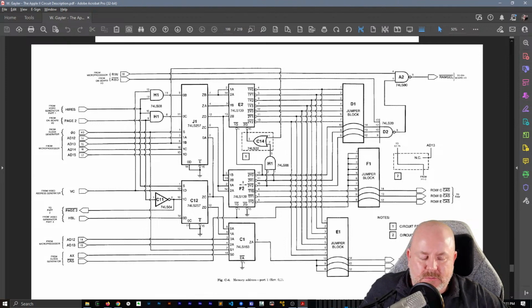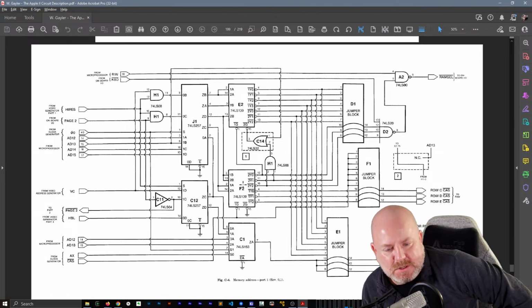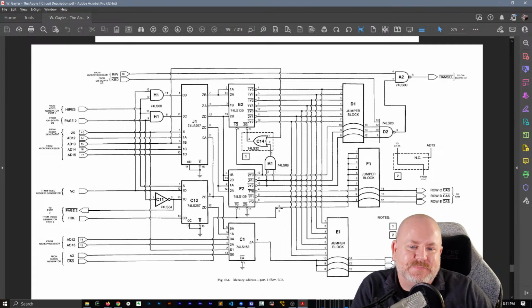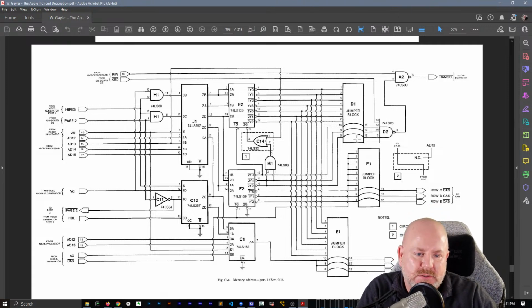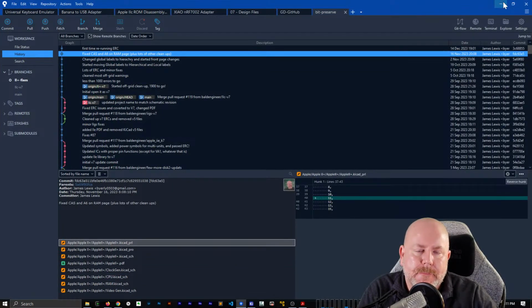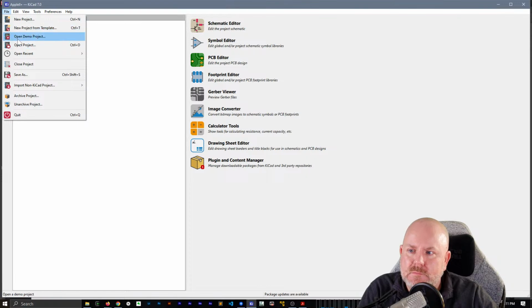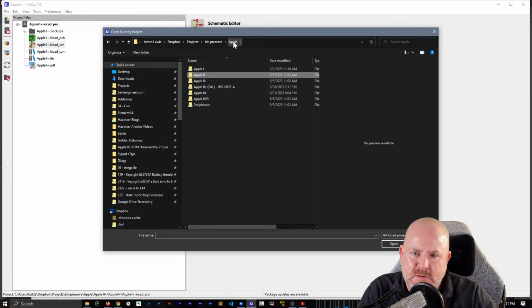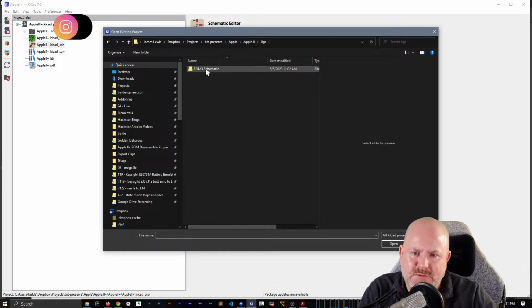Maybe I'll ask the Apple II Slack what the most common board is. The fact that these jumper blocks aren't in this other schematic really bothers me. Because now I'm thinking, is that a difference? Does the 2 Plus not have them? Why is there a 2GS in here?